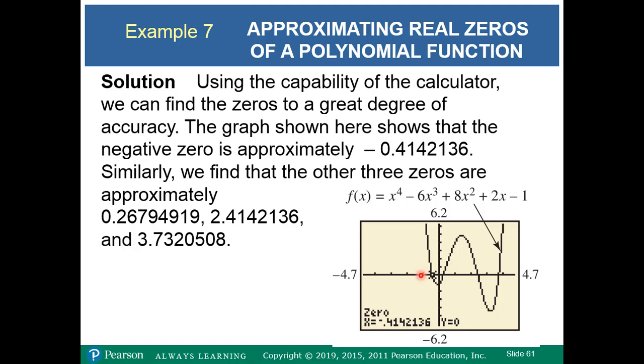So you pick a place over here and a right bound over here on this side of the zero, and then a guess. You just put the cursor in between, and the calculator will calculate where the zero is. And you can do that for each one of these points.